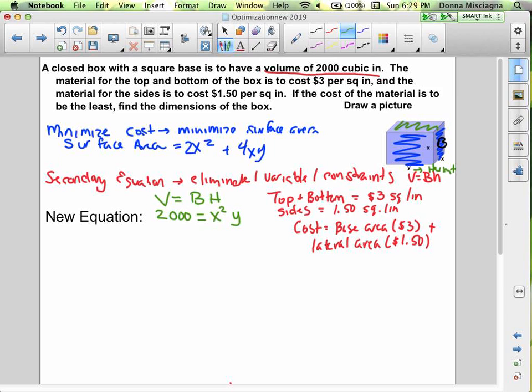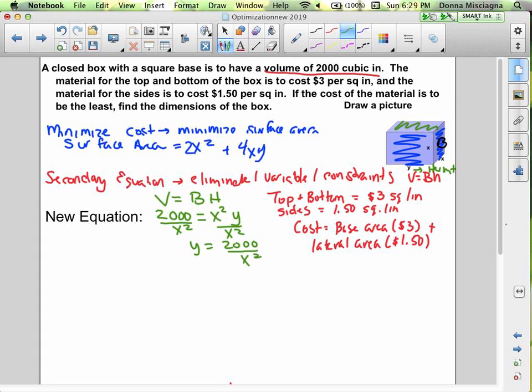If we divide both sides by x squared, we will have an expression that we can replace the y with. Right away you should recognize you need to replace the y, because there's only one of them and a lot more x's. So y would be easy to replace. So y is equal to 2,000 divided by x squared.